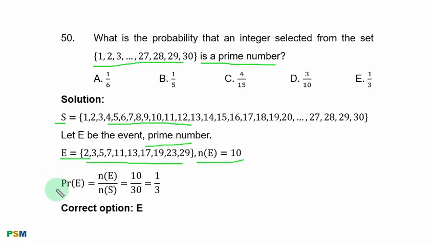Therefore, probability of E, prime number, is equal to the number of elements in set E over elements in the sample space or universal set. You have 10 over 30, which reduces to 1 over 3. The correct option is E.